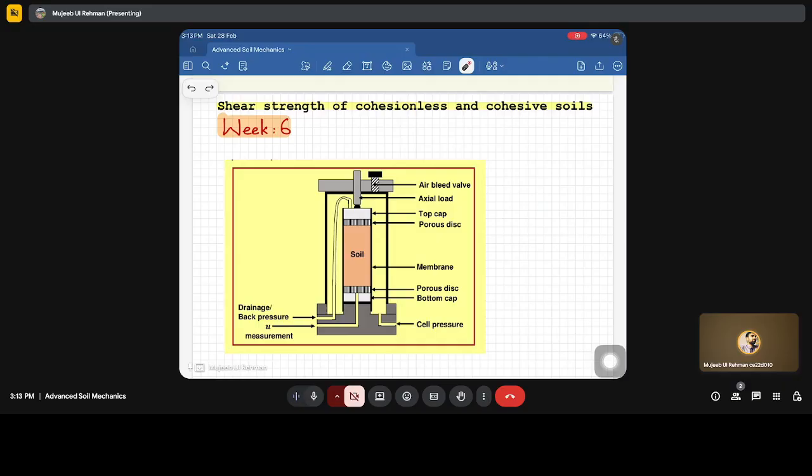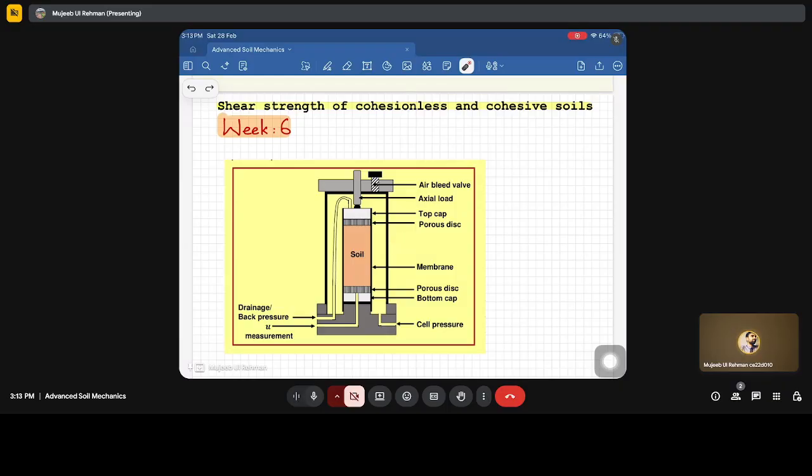Then we have a bottom cap, and this back pressure and pore water pressure measurement are actually connected to the sample, correct? You see, they are going into the sample here, and this cell pressure is connected to the surrounding of this sample, outside this, correct? And we have this confining chamber, correct?